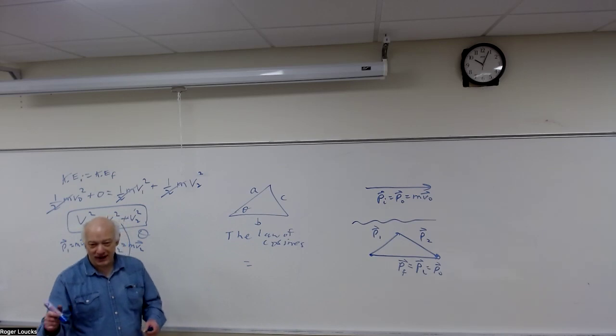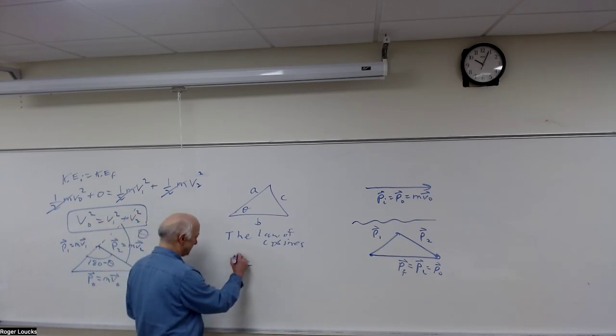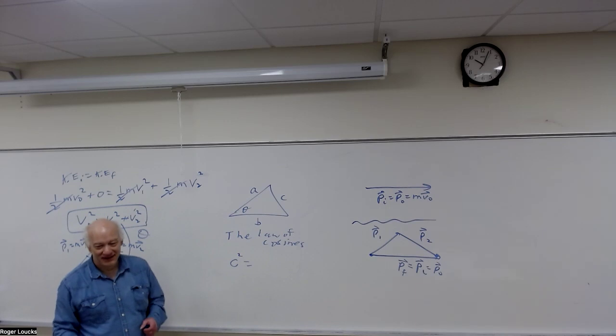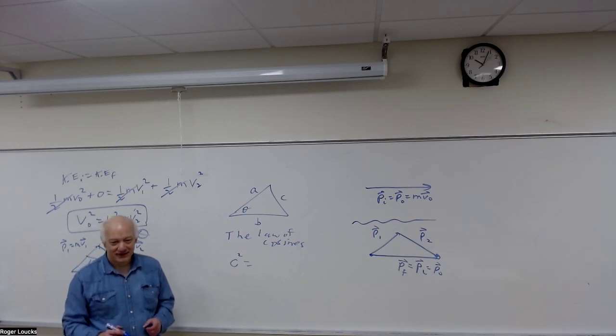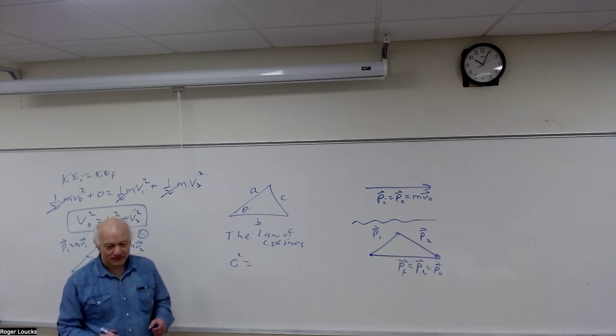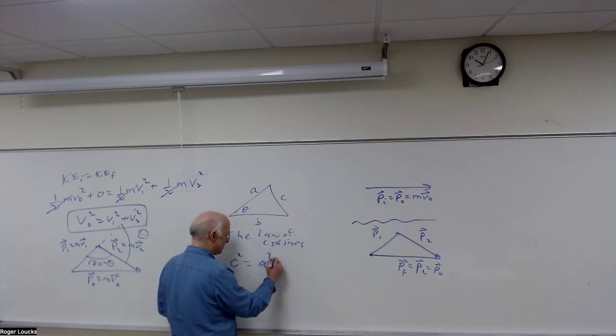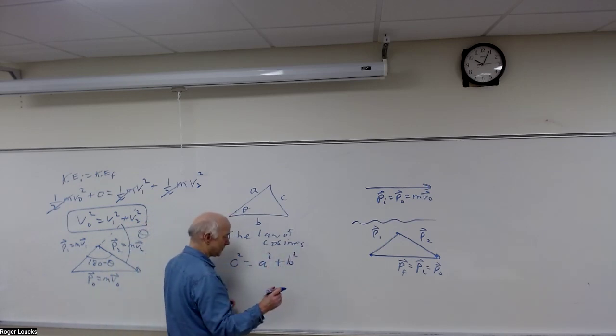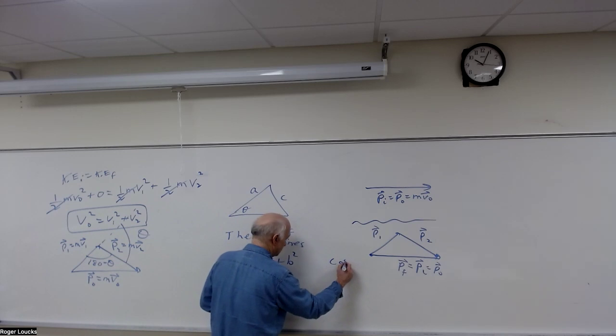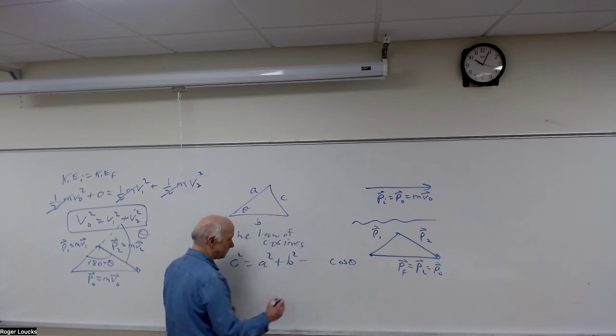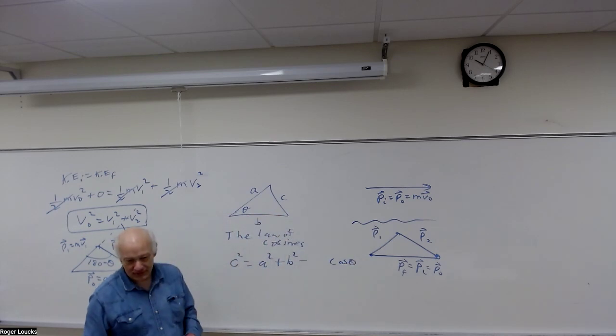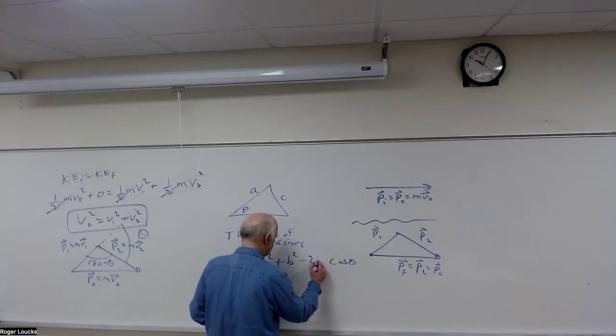C squared. That's excellent. C squared, it goes over here. So a squared plus b squared. There is a cosine. Comes with a minus sign. Almost 2AB.